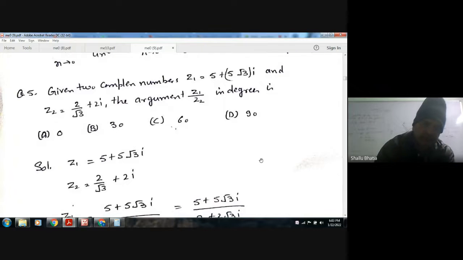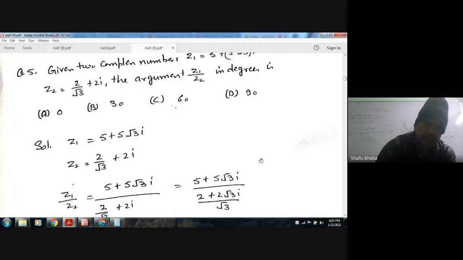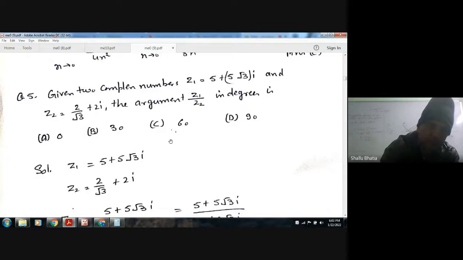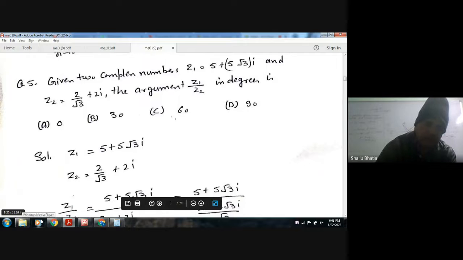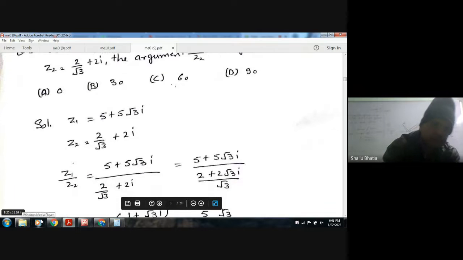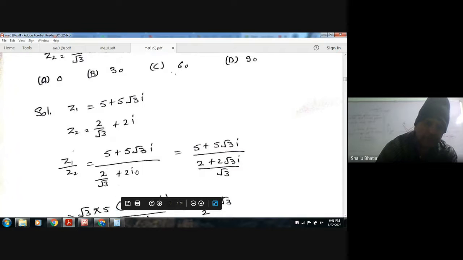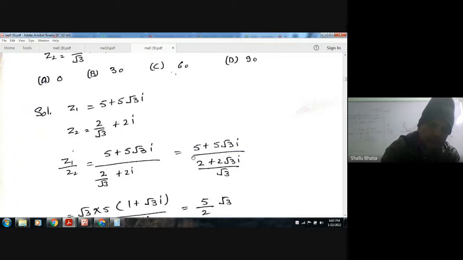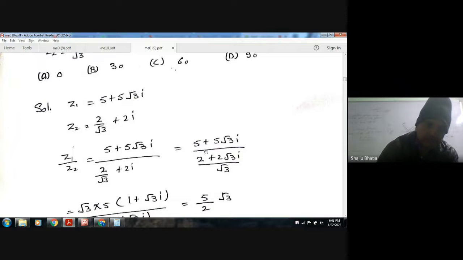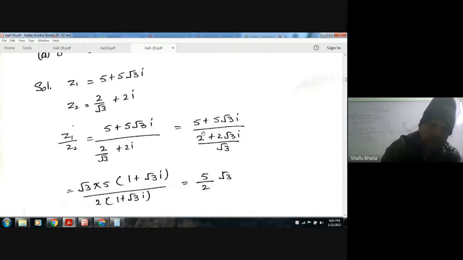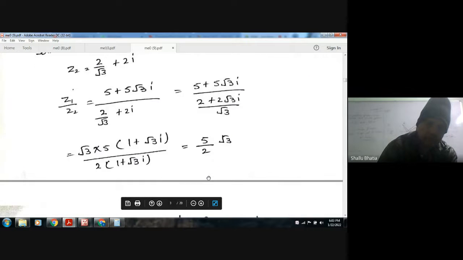So z1 is 5 + 5√3i, and z2 is 2√3 + 2i. Dividing these two, we get (5 + 5√3i) divided by (2√3 + 2i), and if we solve this, it comes out as 5 by 2√3.